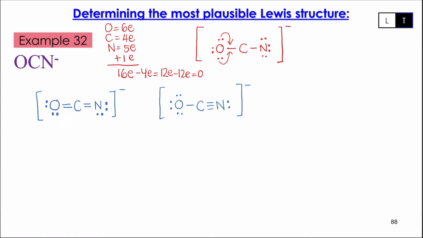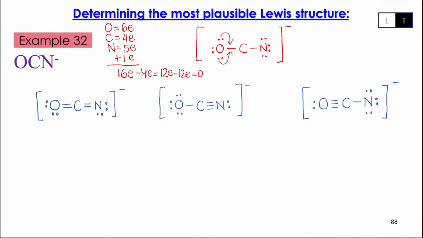So, I will have my another structure iaitu O bonded to carbon, ada triple bond, dan carbon bonded to nitrogen, single bond. So, nitrogen ada kekal 3 lone pairs, tapi oksigen tinggal 1 je. Sebab 2 sudah donate jadi double bond dekat sini. And then close the bracket and then put the charge.